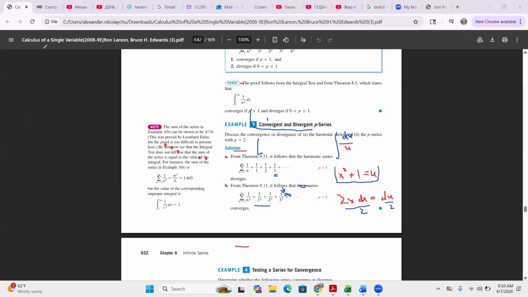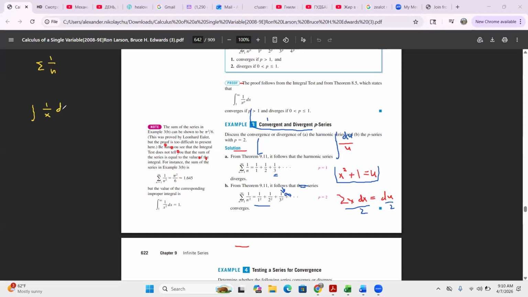So, anyways, what if you're looking at the harmonic series 1 over n? So it's n to the power in the denominator. Then I need to consider the corresponding integral of 1 over x. And I'm sure you're already familiar with how to take the antiderivative of 1 over x. It's ln, right?